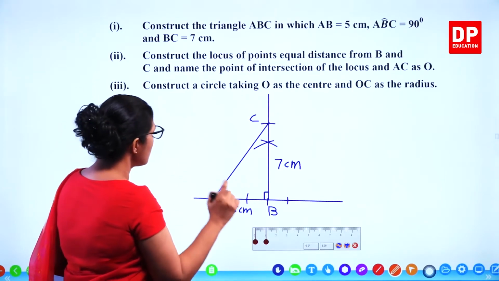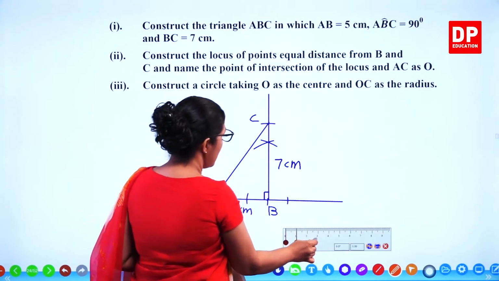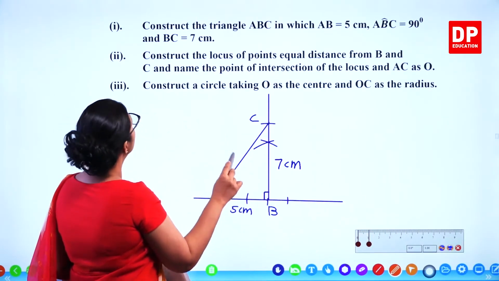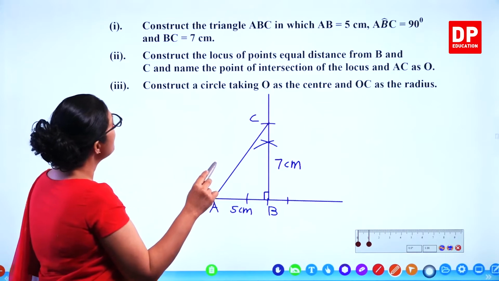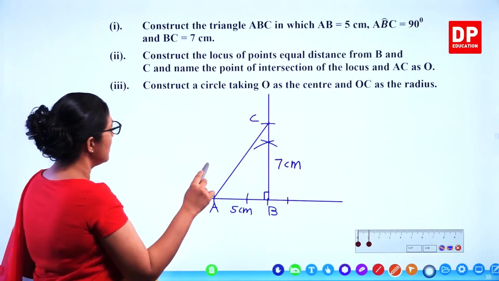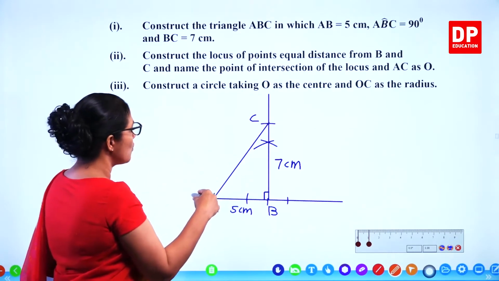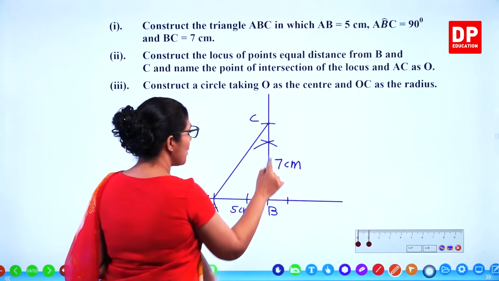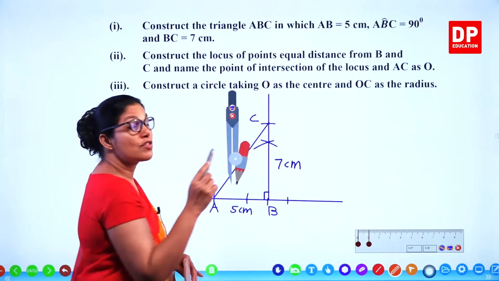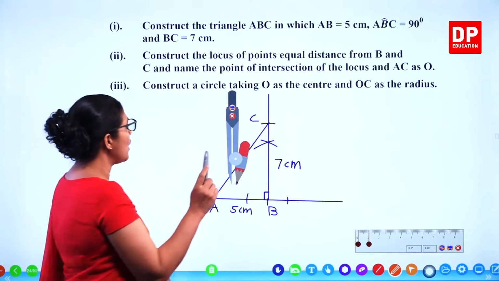Construct the locus of points equal distance from B and C, and name the point of intersection of the locus and AC as O. So we have to draw the perpendicular bisector. So equidistance to 2 points, that's the perpendicular bisector.